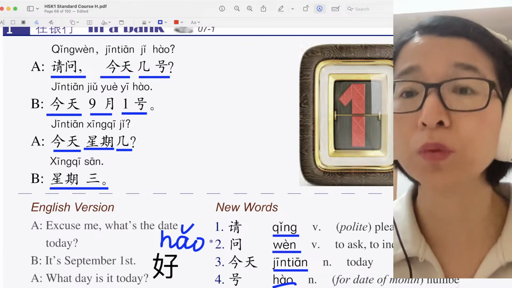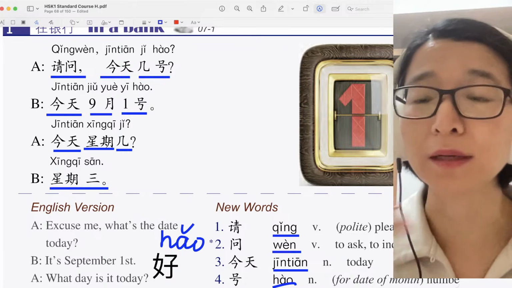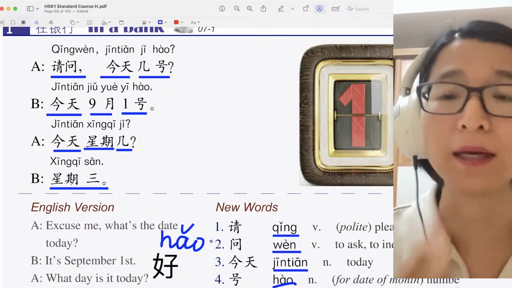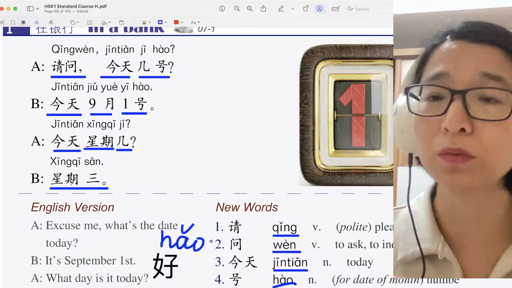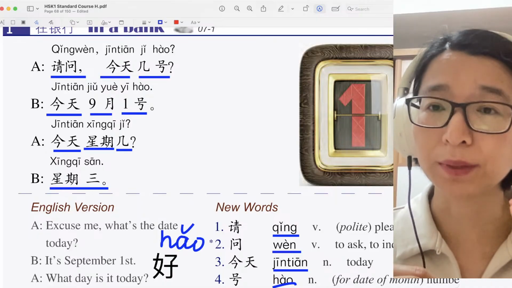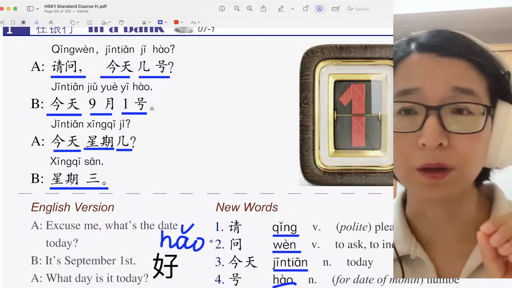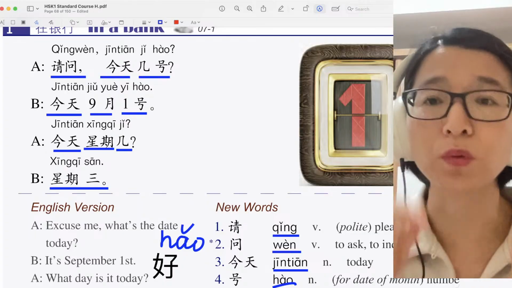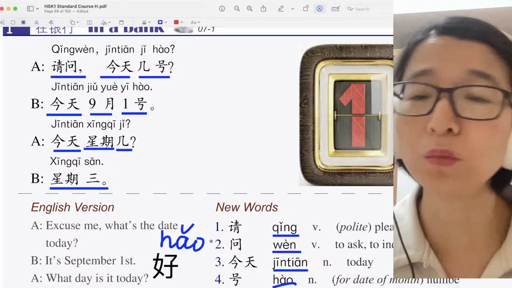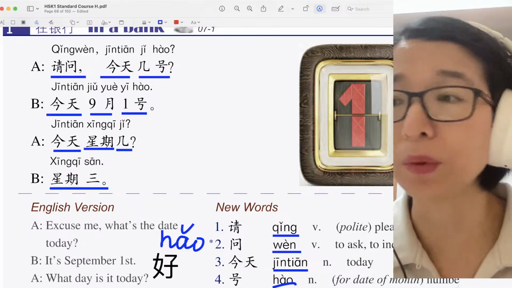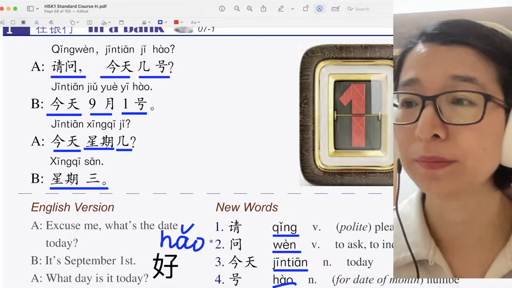When you want to say 2 of something, for example, 2 people, you say 两个人. When you want to say 2 o'clock, 两点. So 2 of something: number and the noun, then you need the measure word in between. And here we just say the numbers directly, so we just say 9月2号.